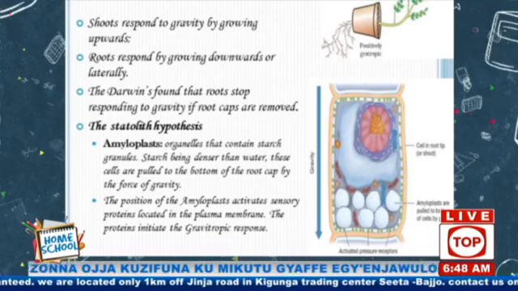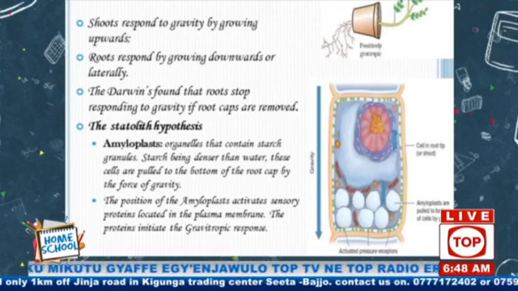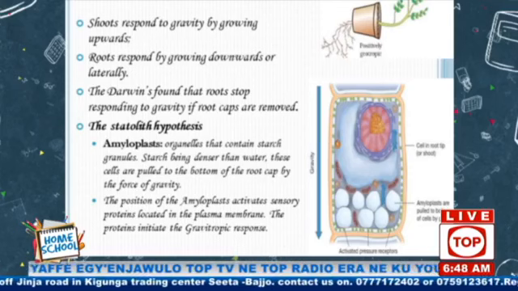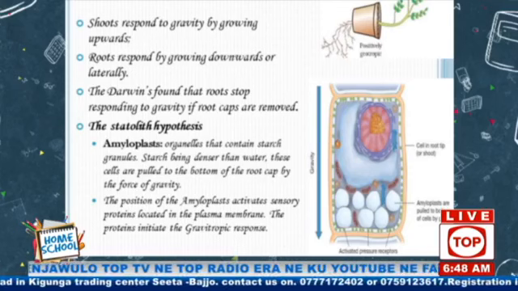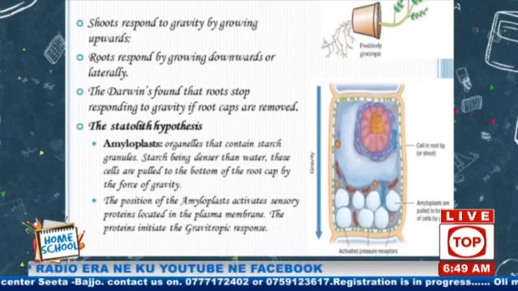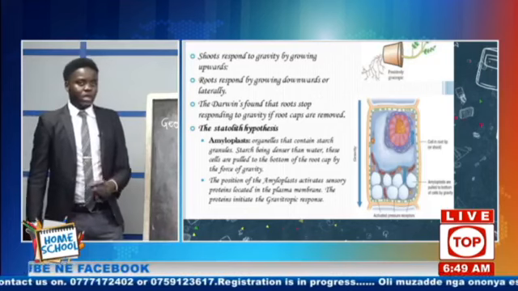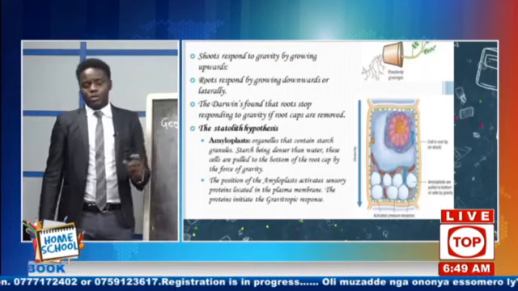And as a result, they activate sensory receptors, pressure-related receptors. These receptors, therefore, determine the way we are going to distribute auxins throughout the plant. Very important. You need to understand how this hypothesis works.